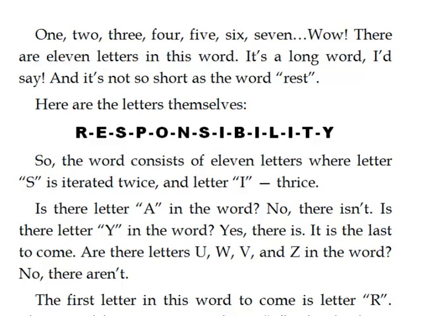Well, all in all, 14 letters, but some letters are repeated twice or thrice. So, there are 11 different letters in this word. It's a long word, I'd say, and it's not so short as the word rest. Here are the letters themselves. So, the word consists of 11 letters when letter S is iterated twice and letter I thrice.